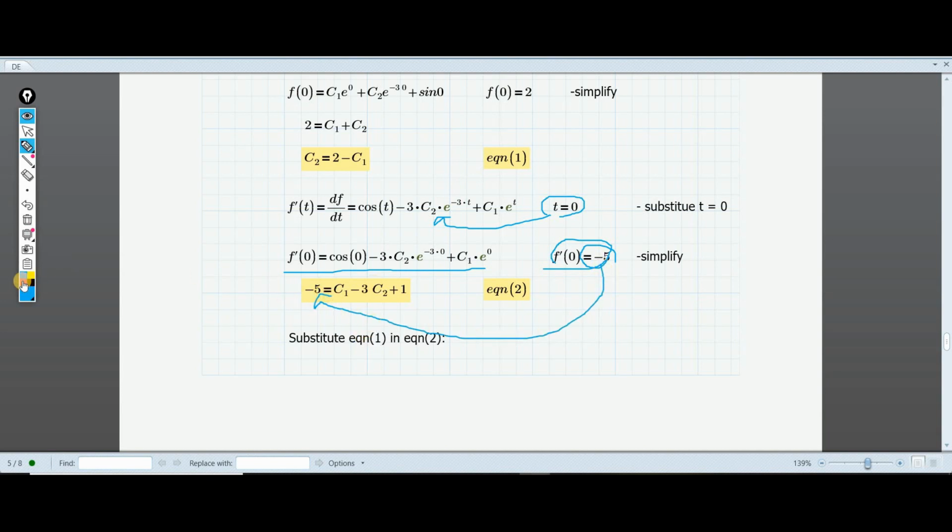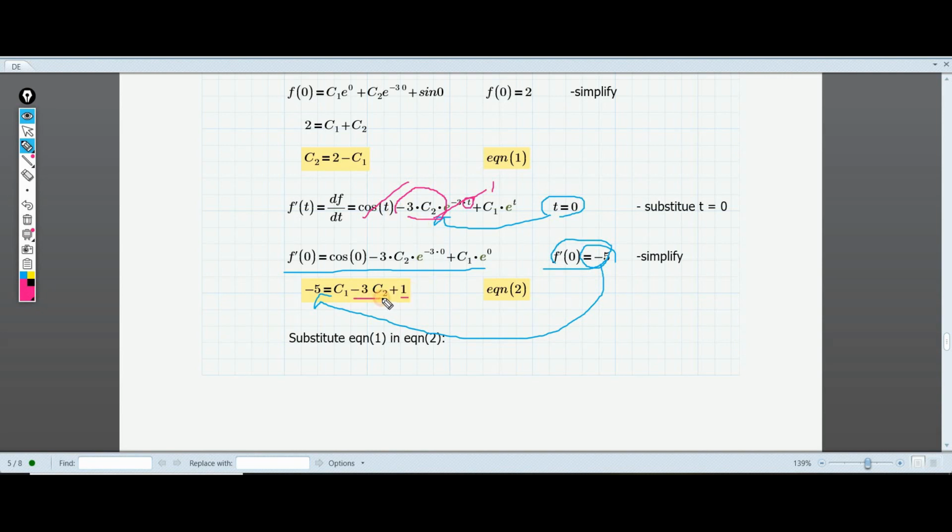Okay, and then, cosine of 0. What is cosine of 0? Cosine of 0 is equal to 1. Then here we have negative 3 times t, which is equal to 0, so it's e to the 0. So we will have the value of 1, and we will have negative 3 c sub 2.